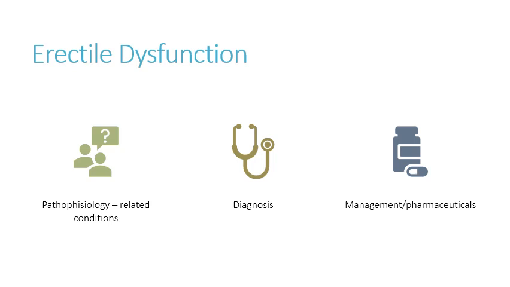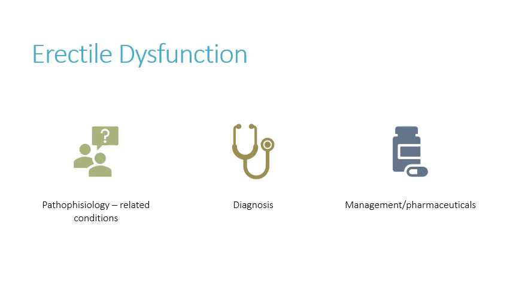So erectile dysfunction is one of the conditions that moved very rapidly several decades ago from specialty domain to primary care domain. And you need to know how to treat it, how to evaluate it, and how to manage it basically with pharmaceuticals.